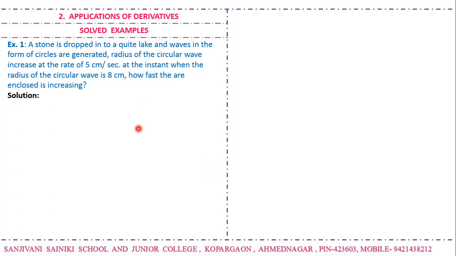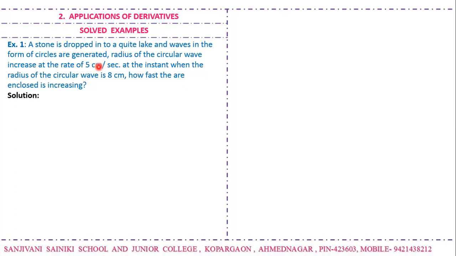We will see this rate measure by using this example. A stone is dropped into a quiet lake and waves in the form of circles are generated.